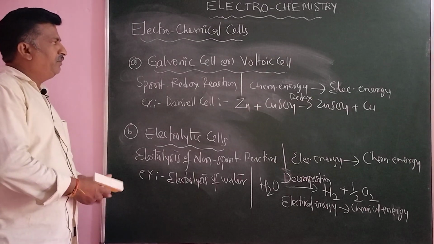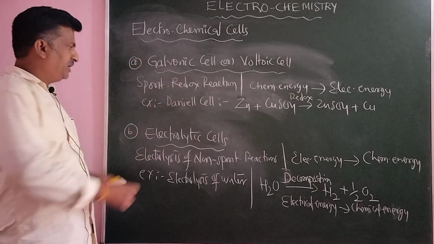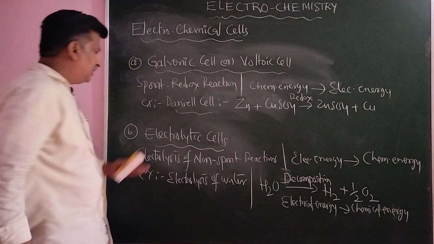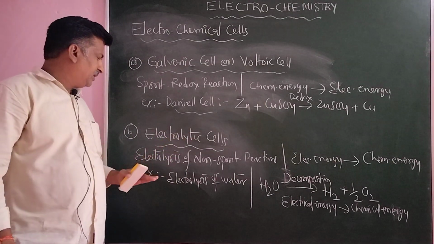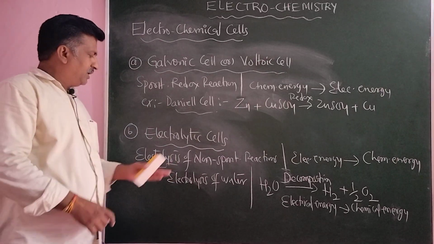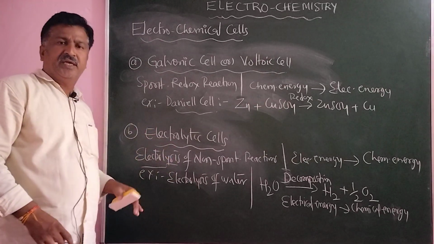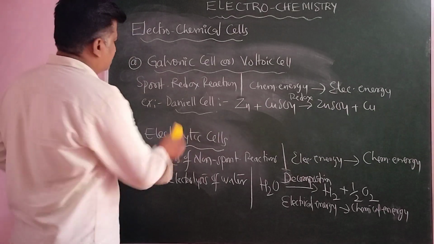We'll discuss later about the galvanic or voltaic cell in detail, that is Daniell cell. And these electrolytic cells, if we take, then what is this electrolysis? So electrolysis takes place in the electrolytic cells.